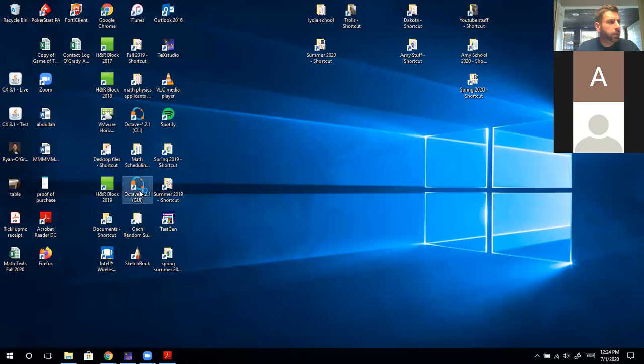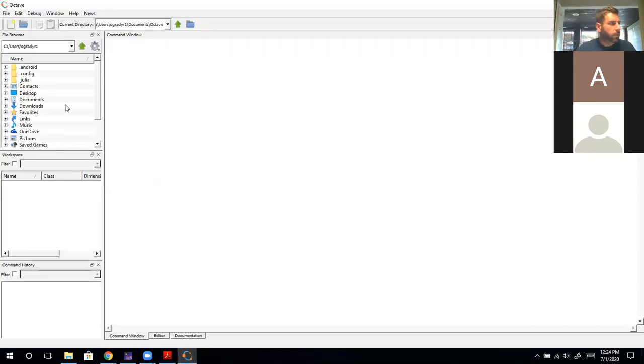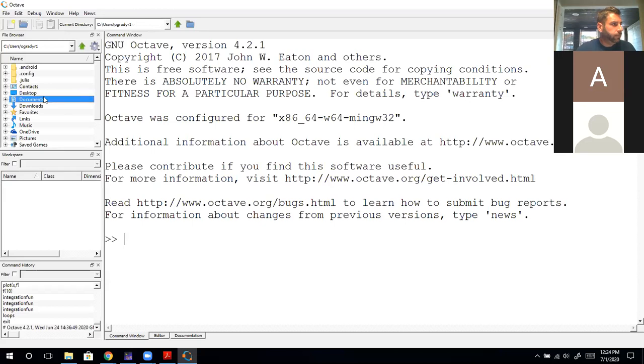Yeah. All right, are you seeing Octave loading up? Hopefully. Let me see if it loads up. So let me know if you guys see Octave. And then the first thing I always do when I open Octave is I make sure, are we seeing Octave? We good? Yes. Okay, good.